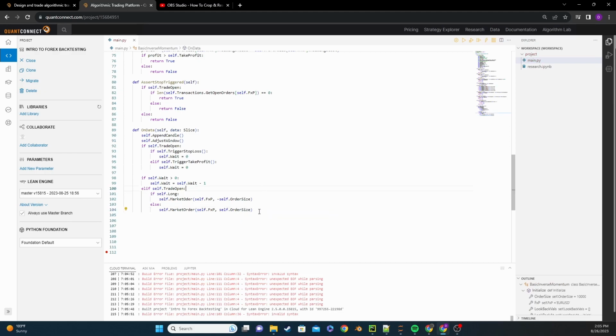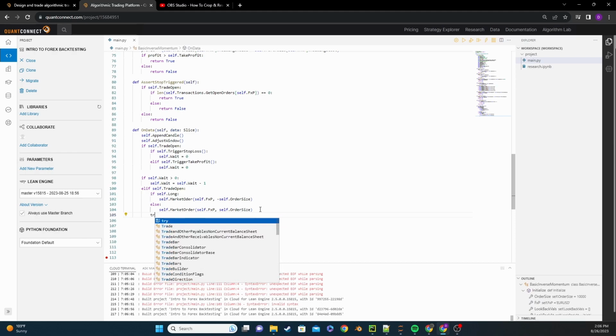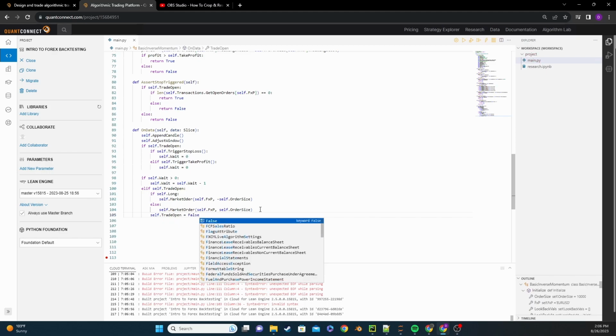Okay, and this means we were short, so we had sold those currency units, and we're going to buy them back. Okay, so if the trade is open, we're going to do this, and then we're going to say, okay, now the system knows that the trade has been closed, right?